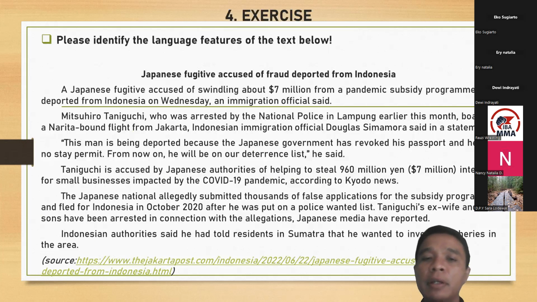Well, after listening to and paying attention to my presentation today about the news item text, now your turn has come to answer the exercise of identifying the language features of the news item text below with the title Japanese fugitive accused of fraud deported from Indonesia.